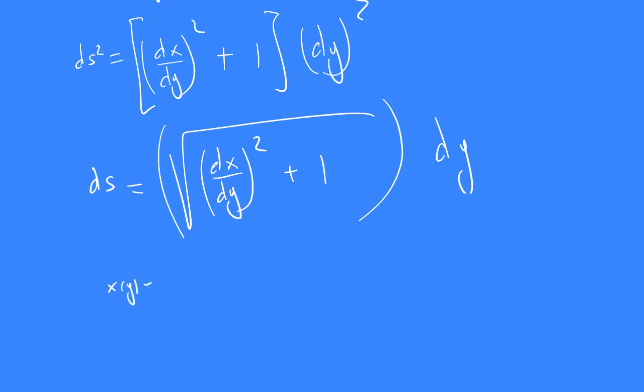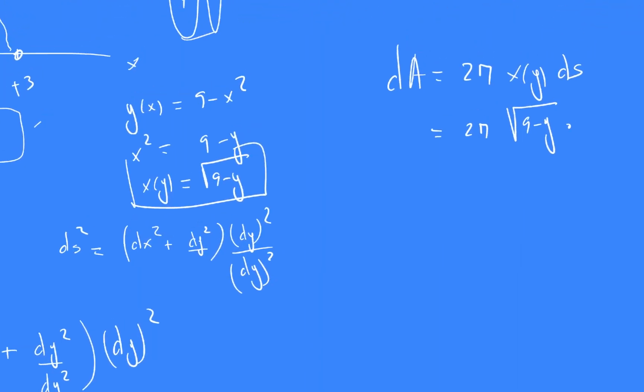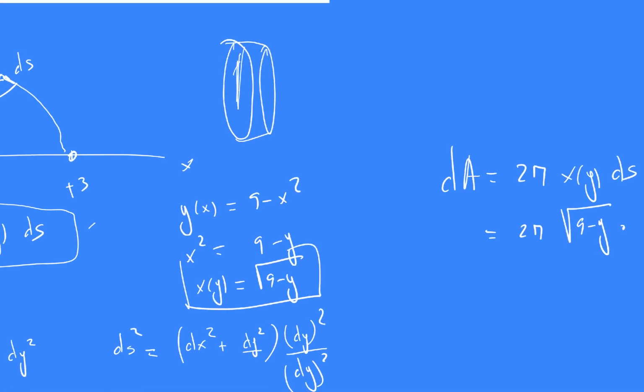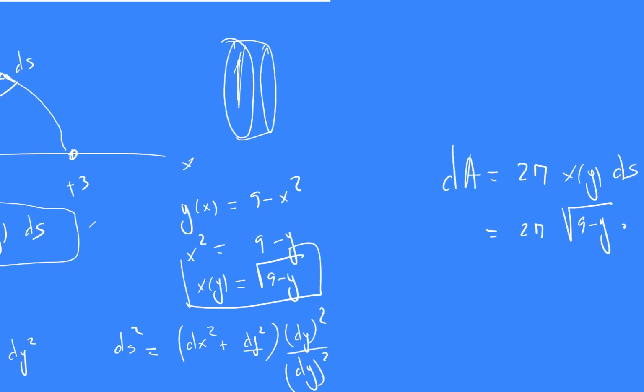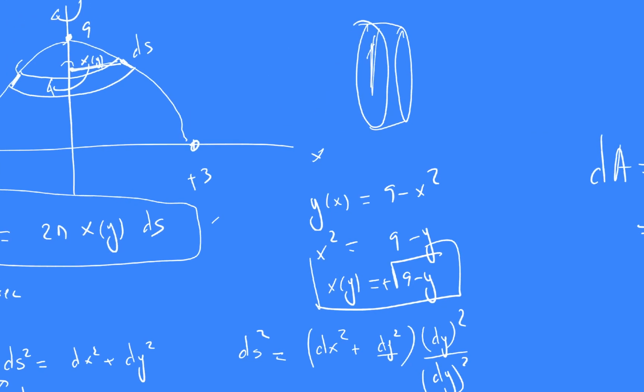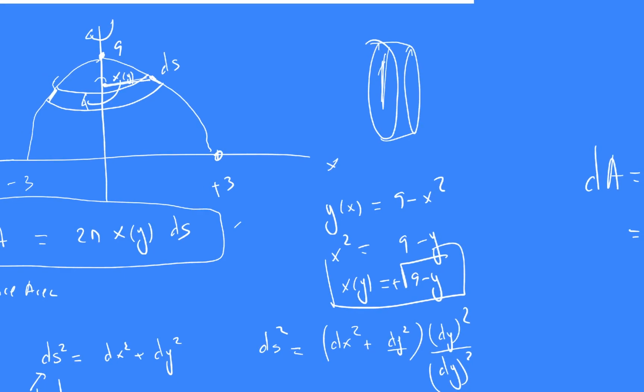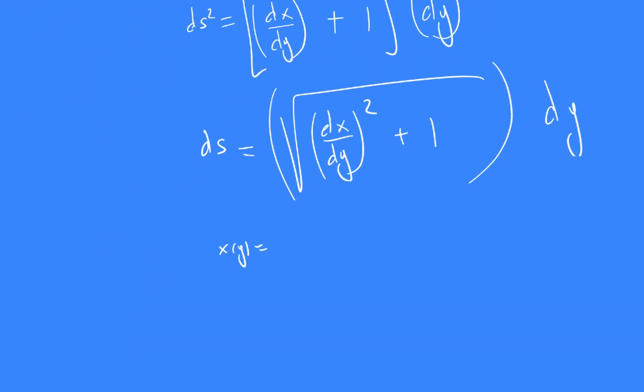We said x of y is equal to the square root of 9 minus y, the positive square root of 9 minus y. So I'm trying to find the arc length. The element of arc length is the square root, so I need to find the derivative of x with respect to y.